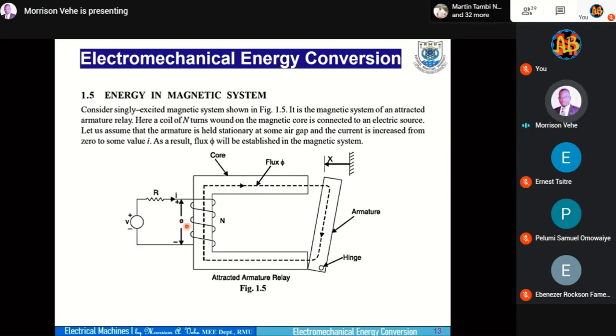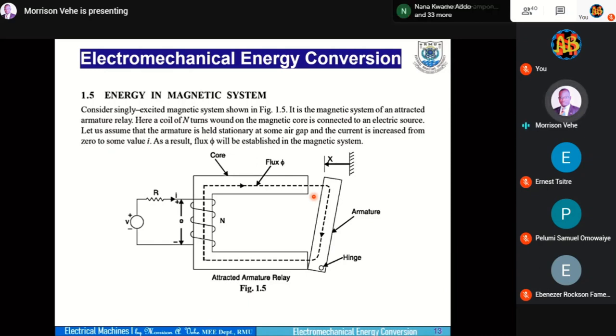So basically, we are just looking at the electrical system interacting with the mechanical system through a magnetic field medium, and some of the products we get are force and also work done. And we can also talk about energy, because we are talking about a certain time span or period of time in which certain things can happen.